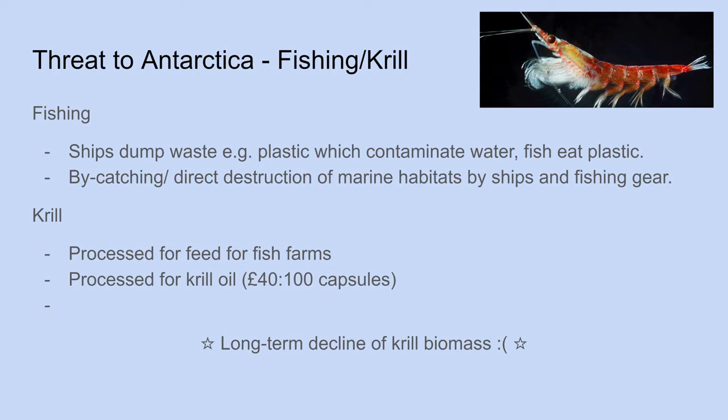So let's talk about krill being threatened. In terms of fishing, ships dump waste, for example plastic, which contaminates water, and the fish eat the plastic, which can get passed through the food chain and can kill a lot of species of fish.